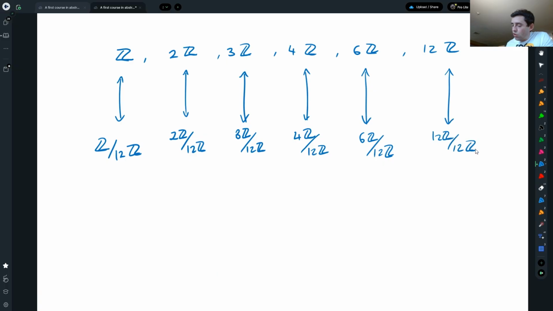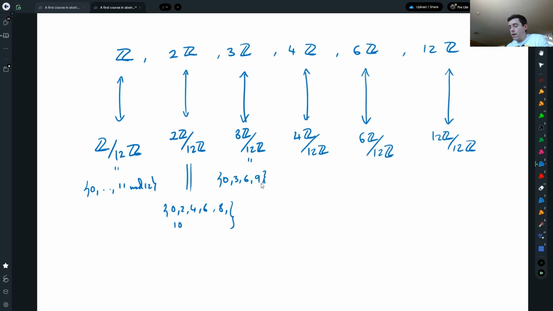So what subgroups are those? This is everything, 0 up to 11 modulo 12. This one is the multiples of 2, so 0, 2, 4, 6, 8, 10, and then 12 would be 0 again. This is the multiples of 3, so 0, 3, 6, 9, and then 12.